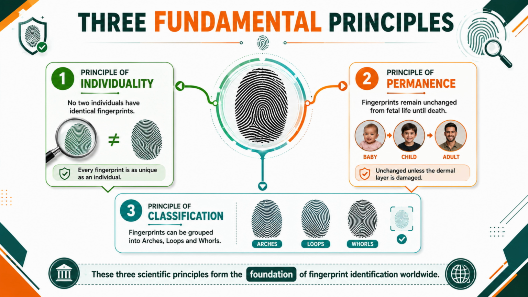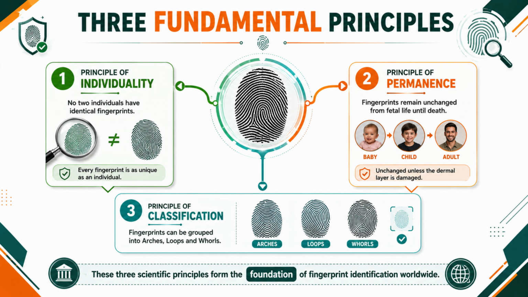Now that we understand what fingerprints are and why they are important, let us discuss the central topic of today's lecture. What exactly do we mean by fingerprint principles? Fingerprint principles are the fundamental scientific rules on which the entire science of fingerprint identification is based.